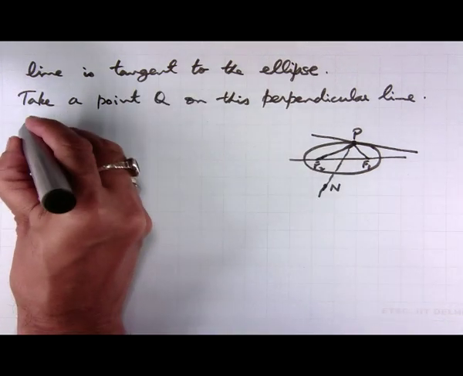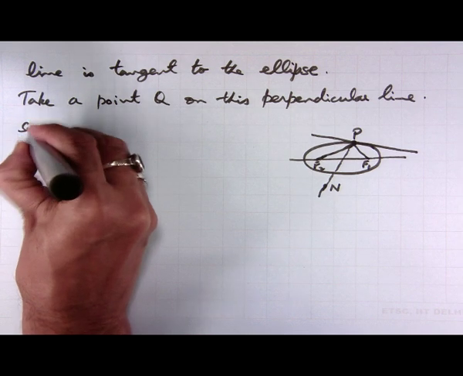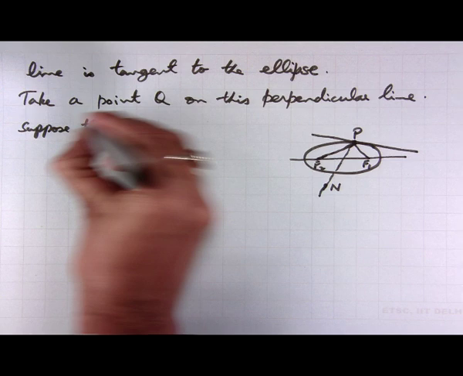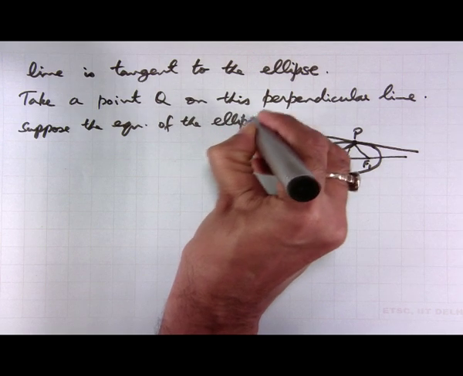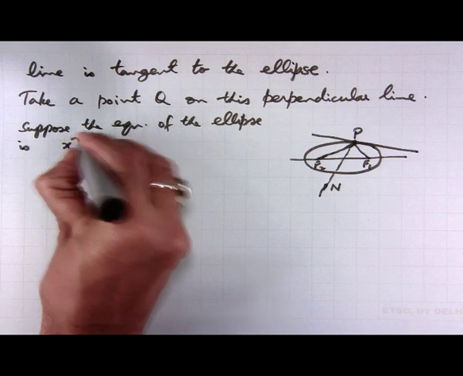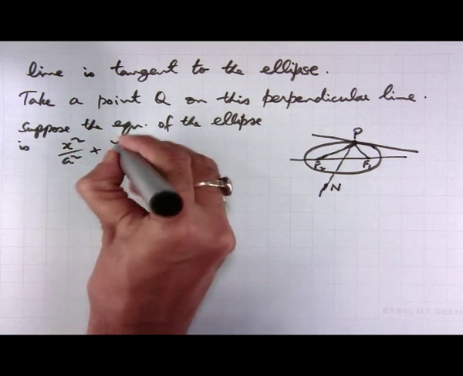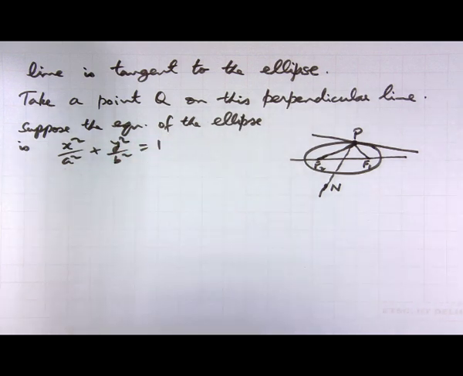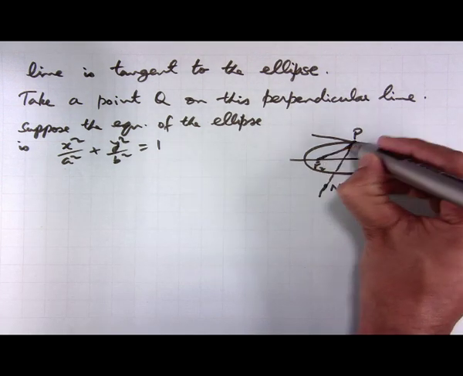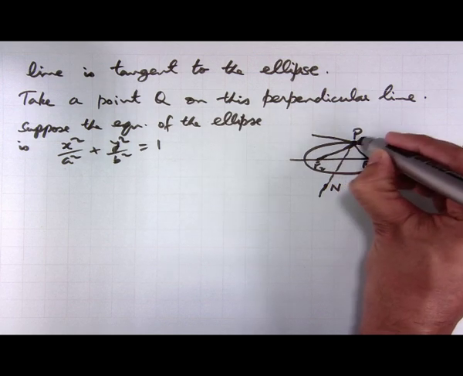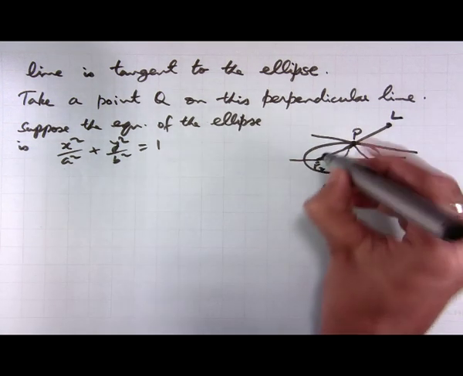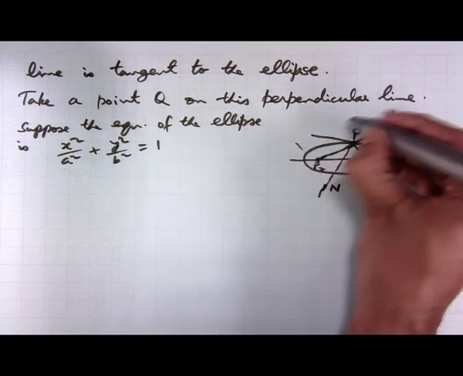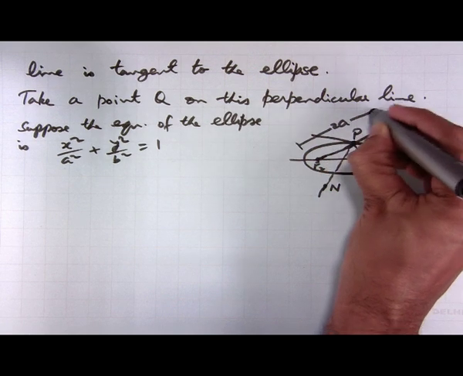Now, suppose the equation of the ellipse is x square by a square plus y square by b square equal to 1. Then consider a point lying on this line F2 P, which is at distance 2a from the focus F2. So, this distance P L is 2 times a.